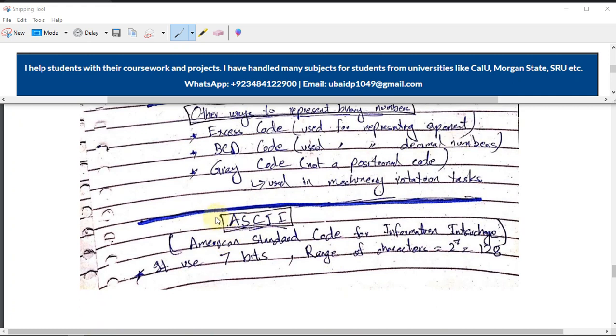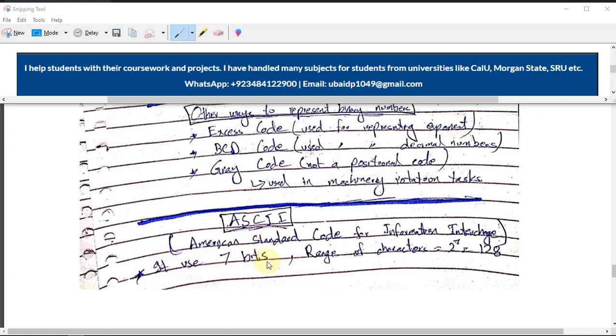Okay, so let's talk about ASCII. This is the American Standard Code for Information Interchange. So we have come to an agreement, and by we I mean the whole world has come to an agreement on the representation of characters, right?